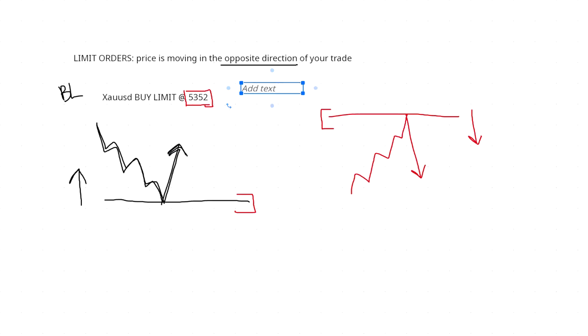He has an indicator that looks for fair value gaps that helps give us an entry. Okay, so POI stands for point of interest. So it might be looking for areas of liquidity. It might be finding fair value gaps. If someone's a support or resistance trader, if it was a buy, that might be a level of support. If it was a sell, that might be a level of resistance.